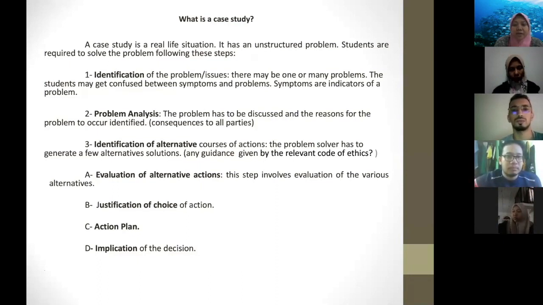Here are some tips for the case study. Sometimes the case study is very short and there is not enough information, so you need to make your own assumptions. In engineering, it's normal to make assumptions. I don't know whether you do mathematics, but there are a lot of assumptions in engineering as well, because we don't know many things in life. So whenever you assume, make sure you write your assumptions.